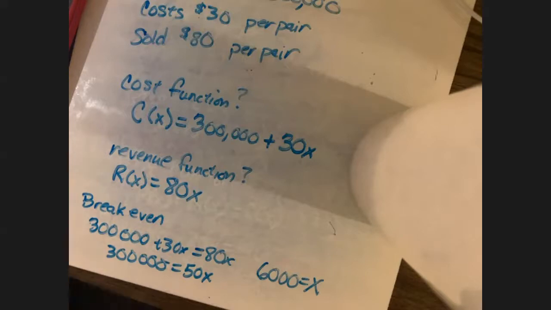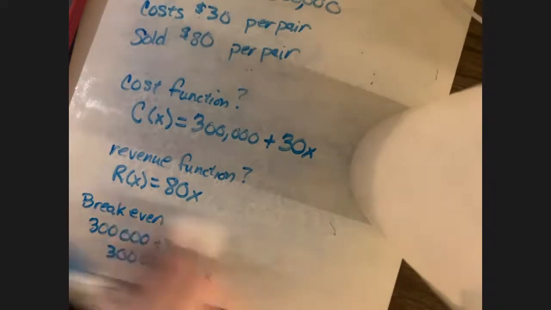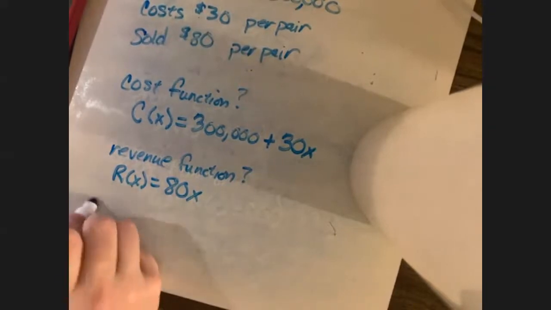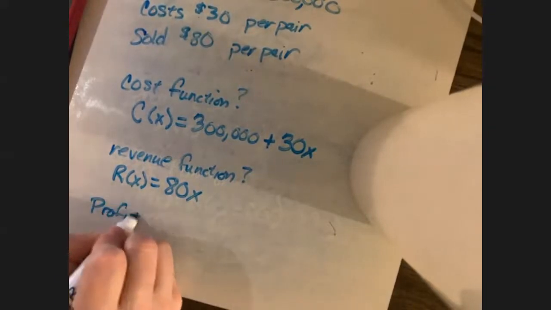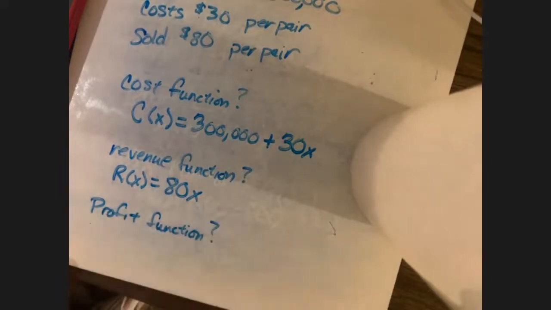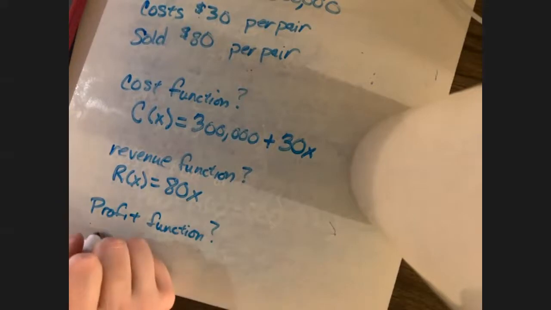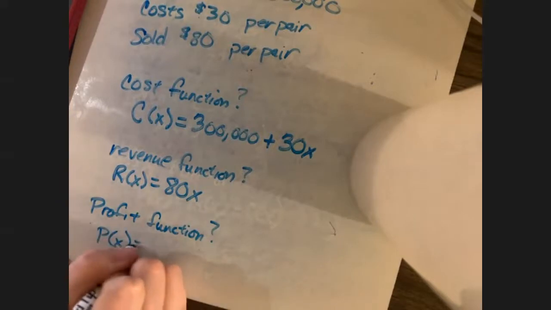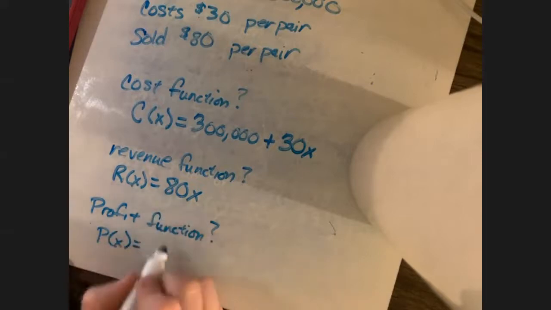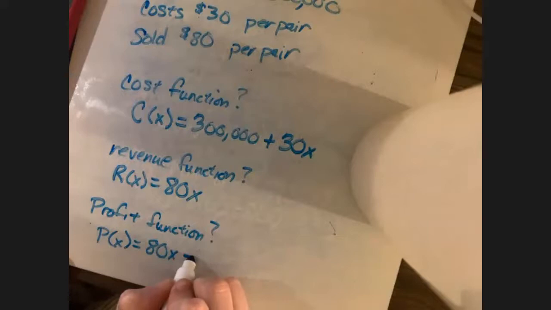Now then, with this one, and it didn't ask for this, but just so that you're not caught off guard, if they ask you to do a profit function, we said that that is revenue minus cost, okay?